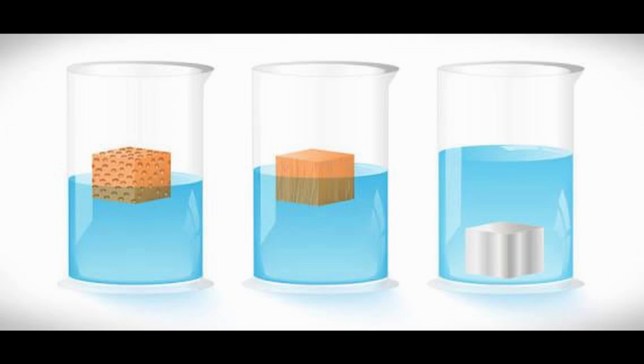For example, let us say we take a piece of wood and immerse it in the water first, then in the alcohol, and then in the glycerin. Wood has density 0.68 gram per cubic centimeter. When we immerse it in water, which has density 1 gram per cubic centimeter, wood has density less than the water, so it will float.